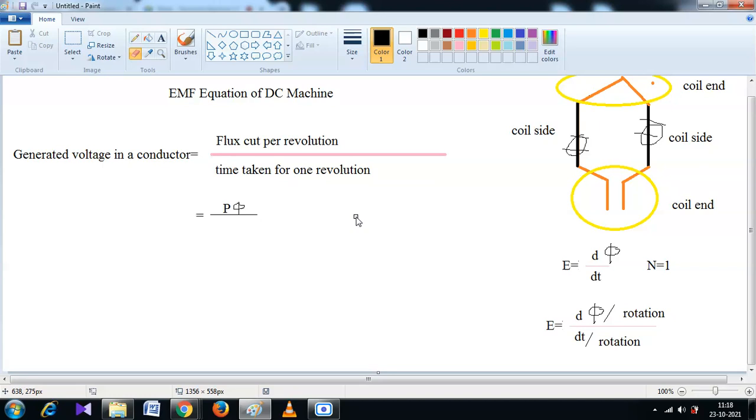What is the rotation in 1 second? Then tell me the time taken to complete one revolution.